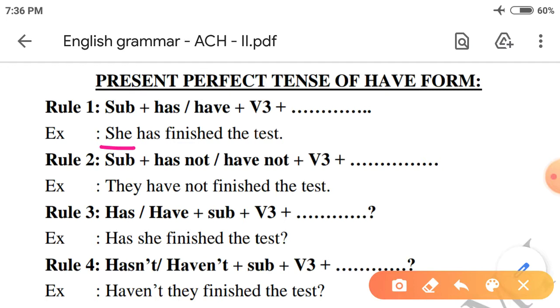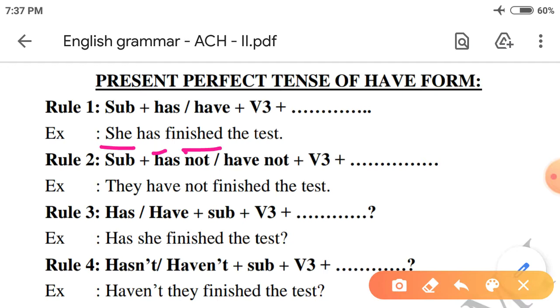Because it is third person singular, we have to write has. So she has finished, V3 form is finished, the test. It started before and is just now continuing. Understood? It already started in the past and continues till now. So she has finished the test.